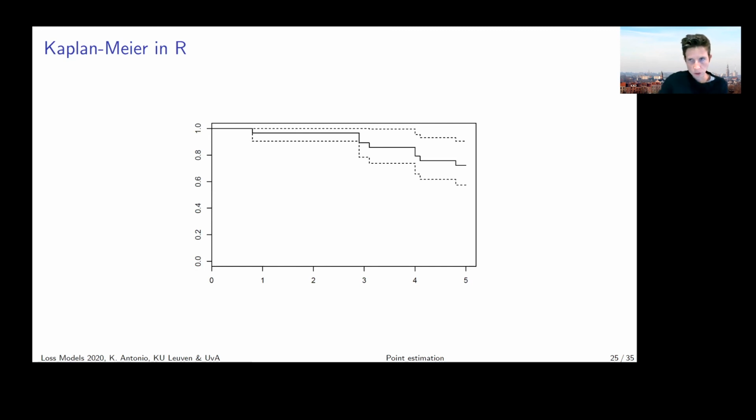So that's something that we're going to do later on when we're fitting severity distributions to loss data subject to truncation and to censoring. One of the things we can do is picture the Kaplan-Meier, that's our reference line, so to say, and then we can put the survival function of the parametric model that we propose for the data on top of the Kaplan-Meier to see whether our fitted model makes sense for the given data.